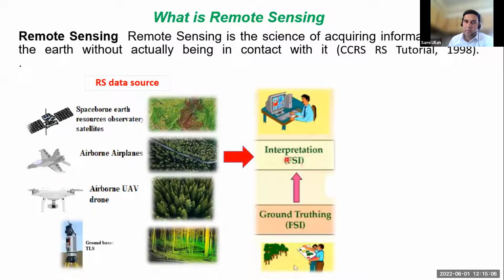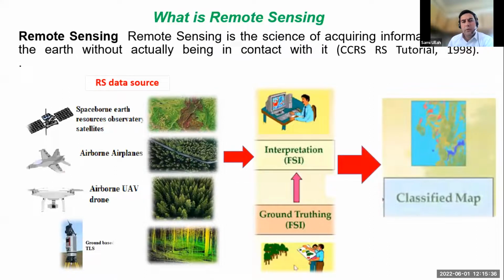This can be analyzed and interpreted for different information. After analysis, the result is a kind of model. We always believe in the ground truth, so we have to do ground truthing and ground sampling for verification of the final products that we get from remote sensing.